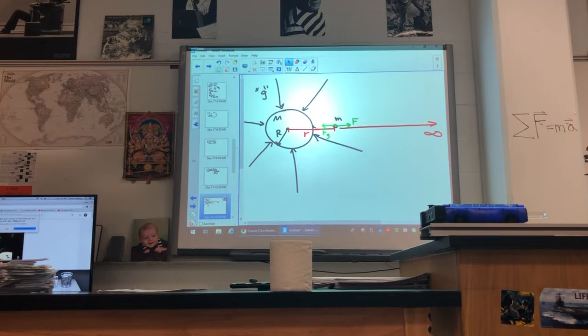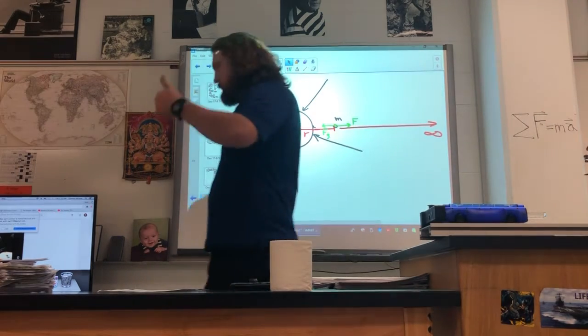The main reason you want that, you don't want this to be greater than that, is you don't want to get to infinity with extra kinetic energy. We want to just take it to infinity, and we want it to have no energy whatsoever. No potential or kinetic. You'll kind of see what I'm saying. So you don't want to be accelerating it either. You with me here? Okay.